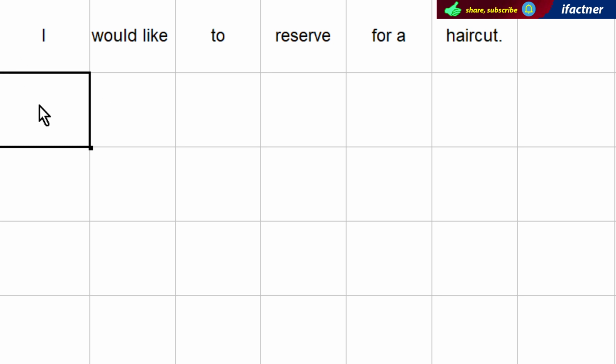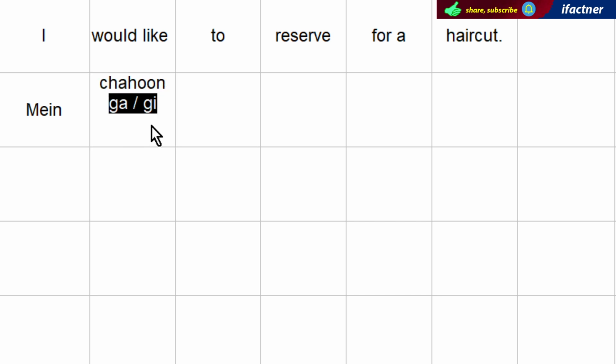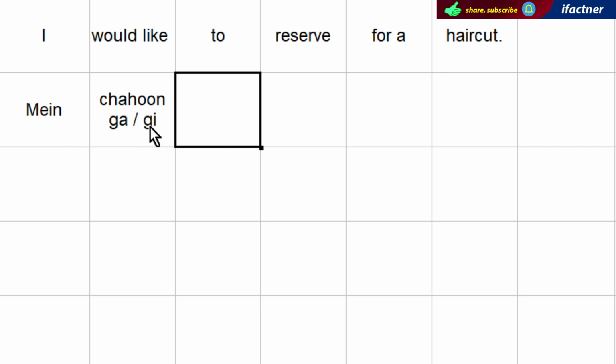I can be मैं, would like, चाहूँगा for male, or गी for female. So if I'm a female, then I will say मैं चाहूँगी. For male, मैं चाहूँगा. To, के लिए.